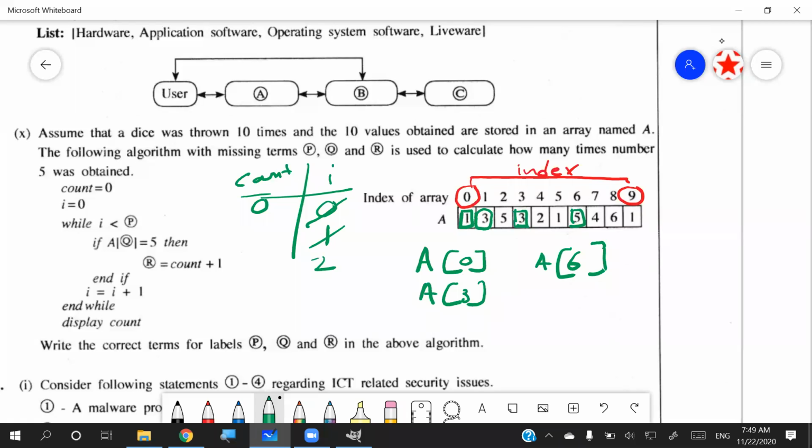So 2. Right? So likewise, it should go until the 9. Otherwise, you can't read it. But it will become 9 right over here.